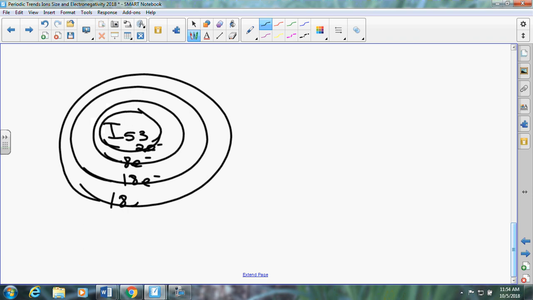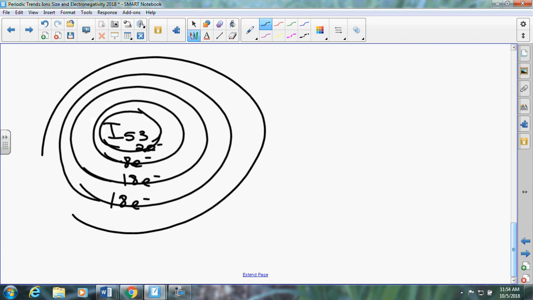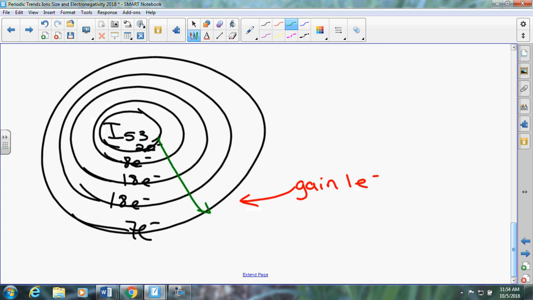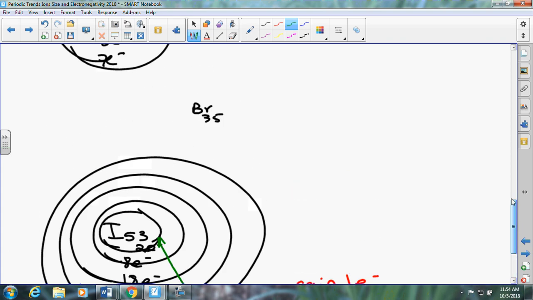Very much wants to gain that 1 electron, but because of all that shielding, it isn't pulling as much for the electrons, so it's assigned a lower electronegativity value of 2.7.